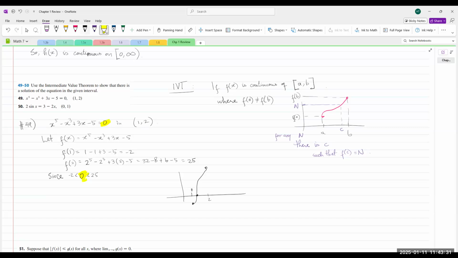Okay, then by intermediate value theorem, there is C in the interval of 1 and 2 such that f(c) equals 0.